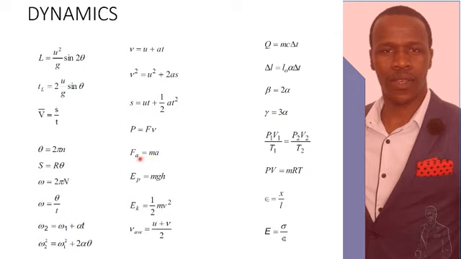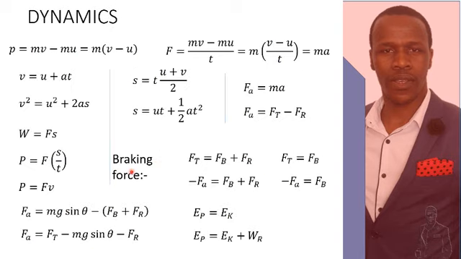M we do not have, fa we do not have, but we can get the fa in this format as well. Here in the horizontal road, fa equals ft minus fr. But we know that ft is not given, so we take it as 0. So we have fr, so fa is equal to negative fr.